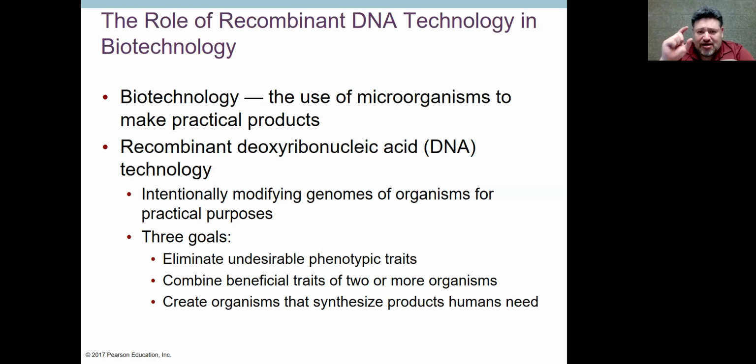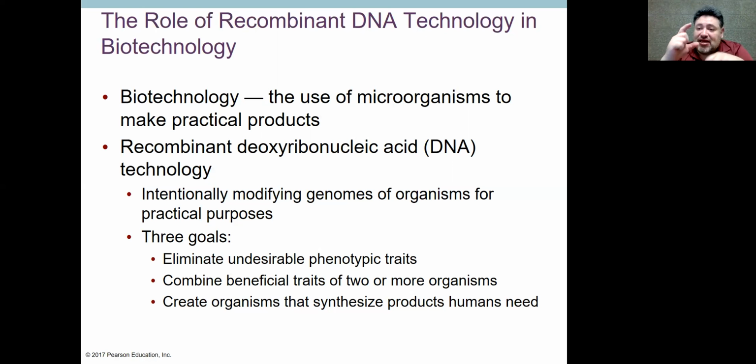the gene that you are interested in, and you cut it out and you splice it into, these days, a plasmid. A plasmid is supposed to be a naturally occurring piece of circular DNA, but that's really not true anymore because even plasmids are engineered these days.